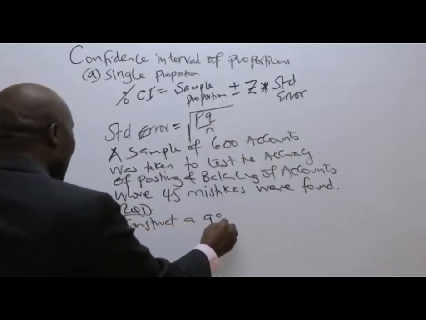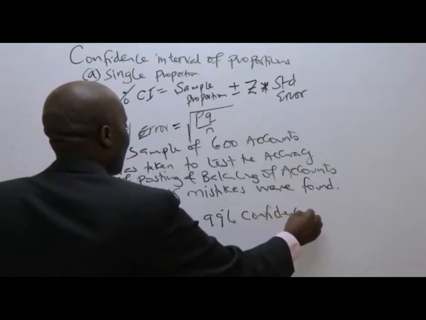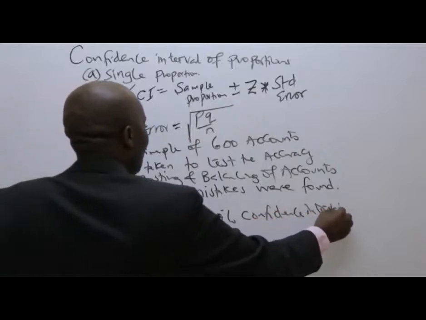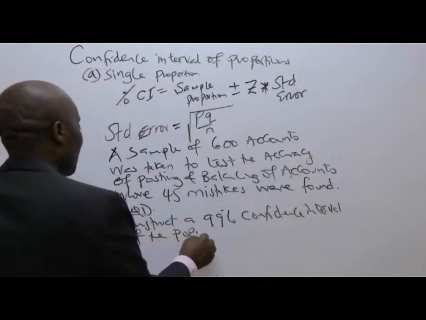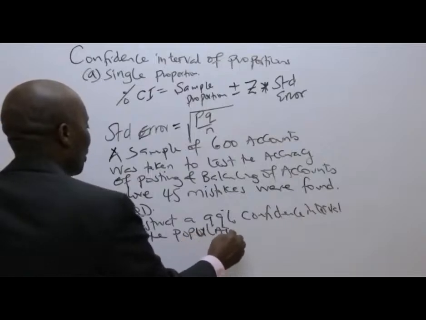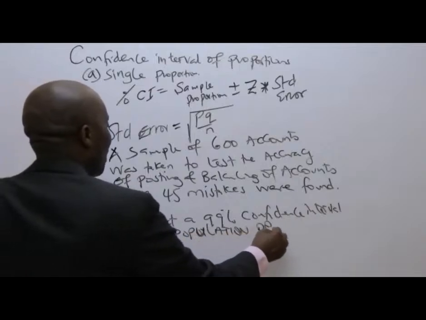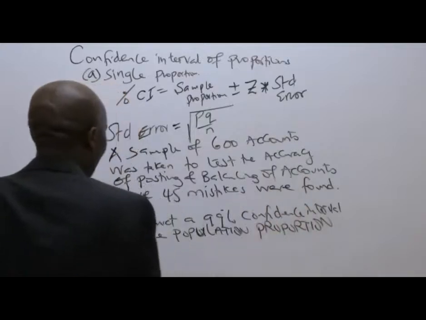a 99% confidence interval of the population proportion with mistakes.